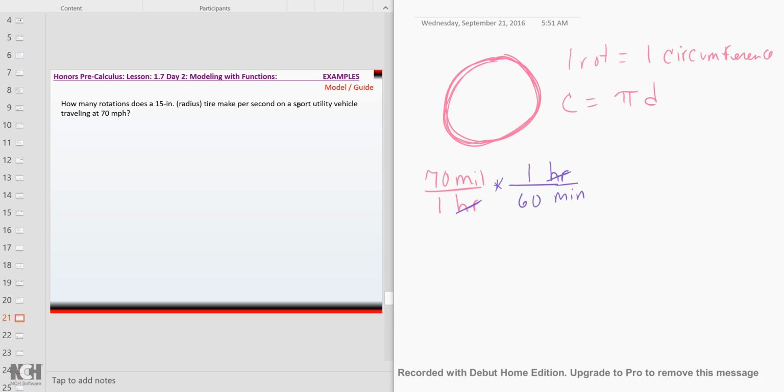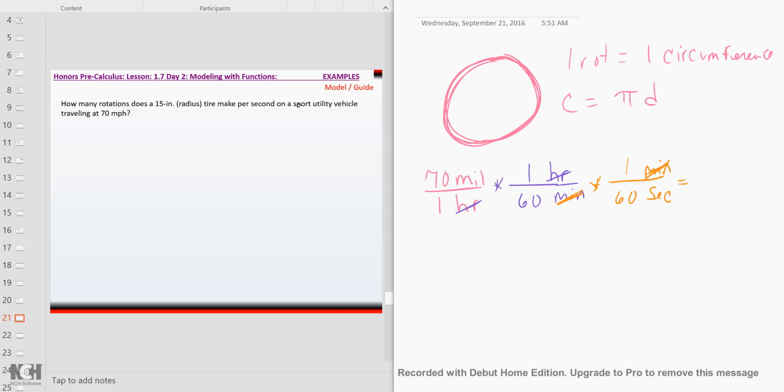I don't want minutes. I want seconds. So if I want to get rid of minutes, I'm going to put that on top, and I want to go to seconds, that's going to be on bottom. There's 60 seconds in 1 minute. That will cancel minutes.